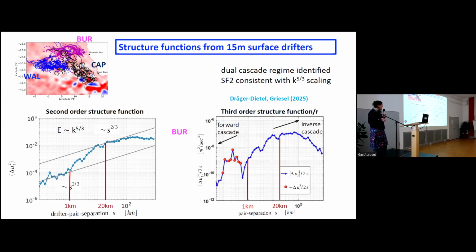And then we are also deducing a negative regime that could be indicative of a forward cascade, even though this is not the regime of 3D turbulence. And this is also consistent with the scaling of the second order structure function with -5/3. So in the drifter data, at least from this region, we do see the slope of -5/3, and that's also consistent with what we find from ship ADCP data.